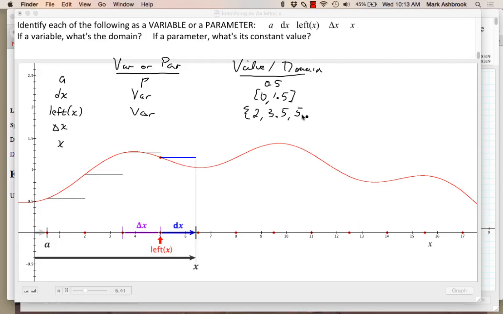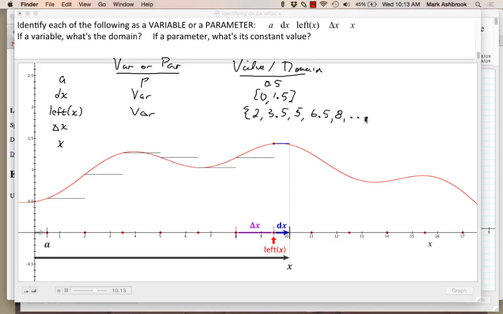Then 5, so it's just going to keep increasing. I'm not sure what the last one is in the animation, but you get the picture. So it's a changing value, but it's discrete values: 2, 3.5, 5, 6.5, 8. But it is a variable because it's changing, right? The value is changing.